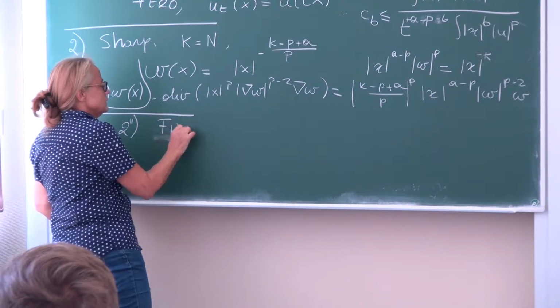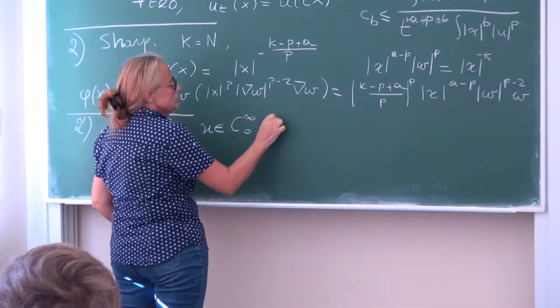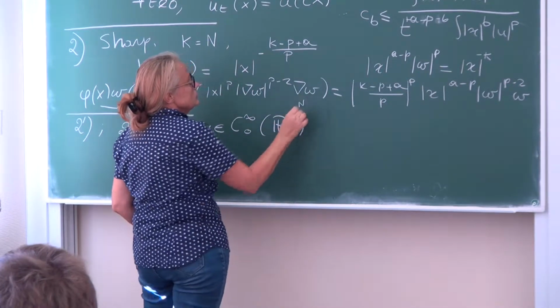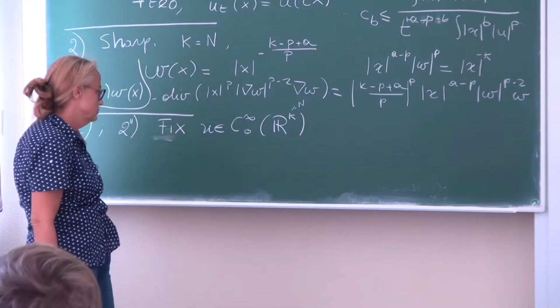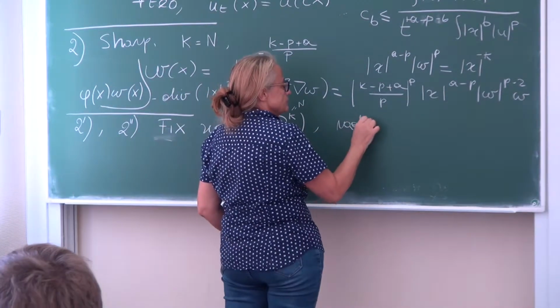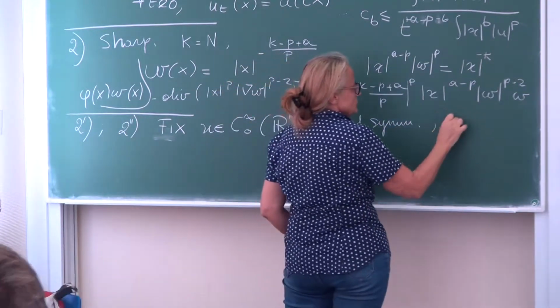So fix u in C infinity with compact support in R^k, which is equal to R^n, just to fix ideas, and we take it radially symmetric and nontrivial.